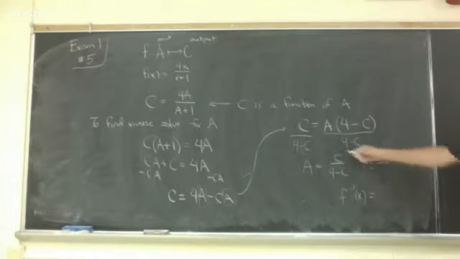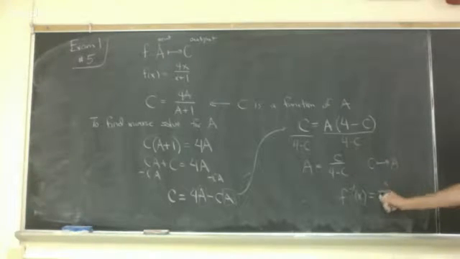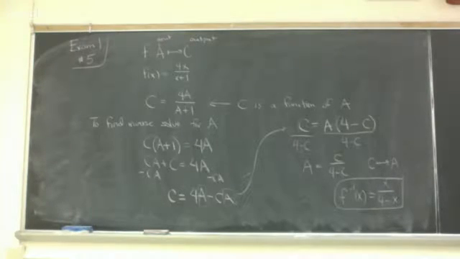What's the input? It's C, so it's x over 4 minus x. That would be my inverse function. Okay. So inverses are you solving for the other variable? What else?